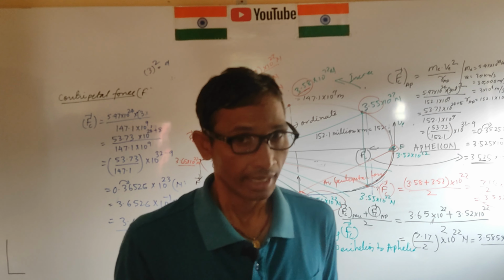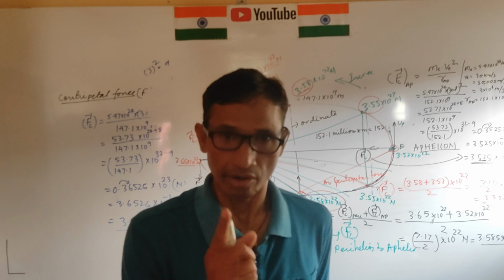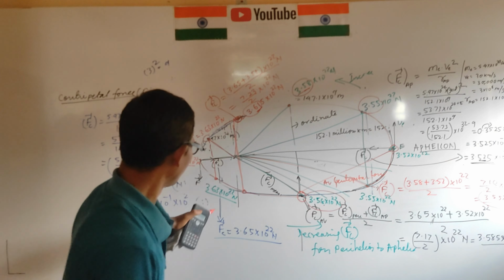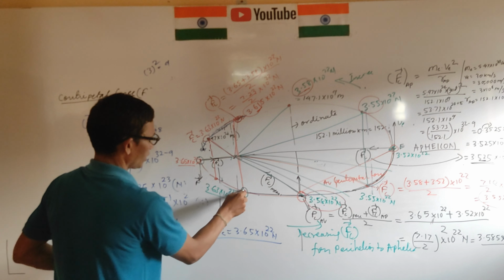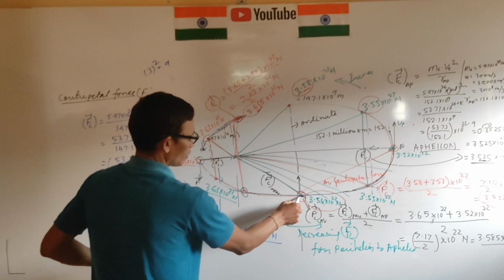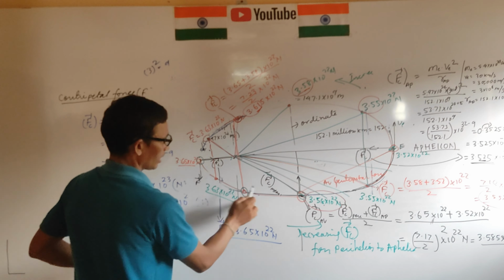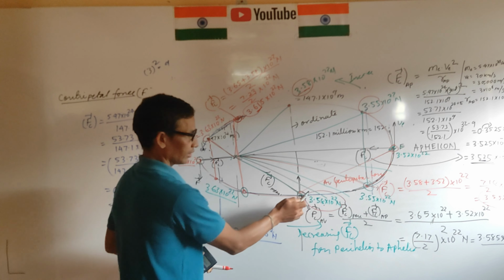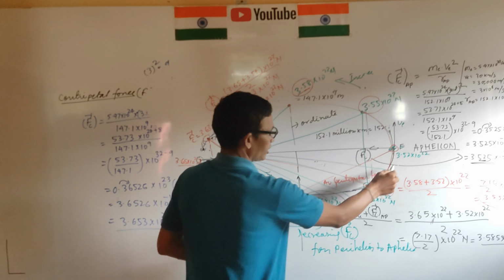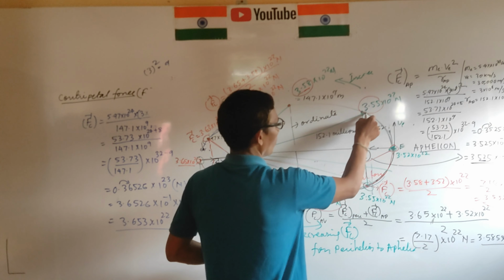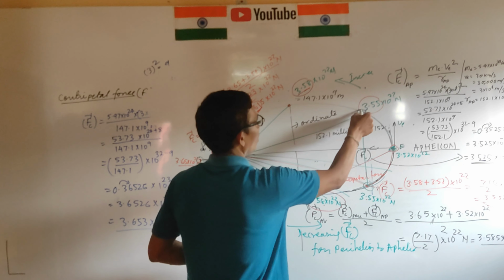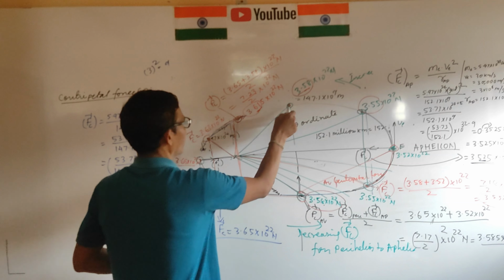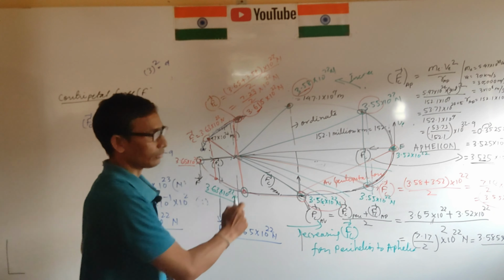So we can say that it is only and only an elliptical path, not a circle, because here is the proof. Here is the maximum, this is lesser than the maximum, and this one is lesser than the second one, and this one is the minimum, and then it increases again.